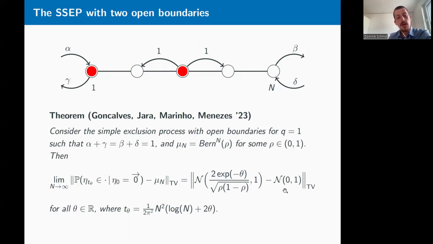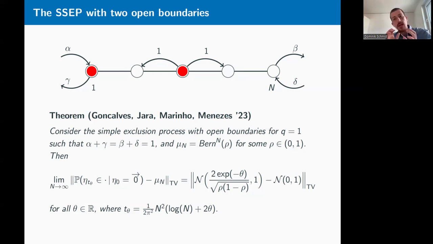And let me say that in both the result by Hubert-Lacroix and in this work for the case of the reversible symmetric simple exclusion process, where we have this Bernoulli rho product measure as our invariant measure, in both of these cases the trick is to say, okay, even before we have converged to the stationary measure, we can approximate the distribution at these times t theta by a product measure, or by some measure which we obtain by just tilting our invariant distribution.